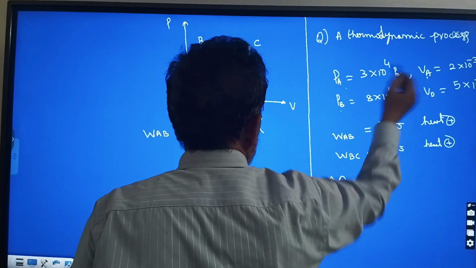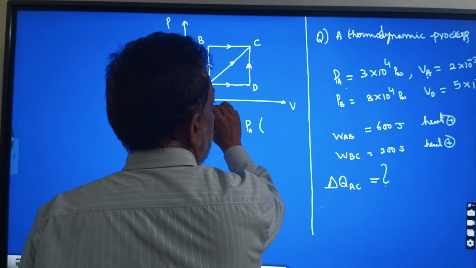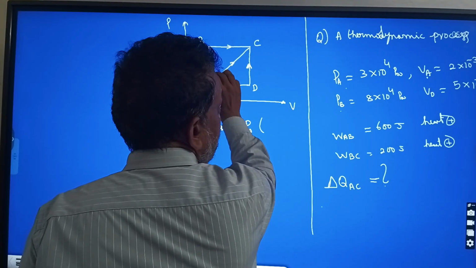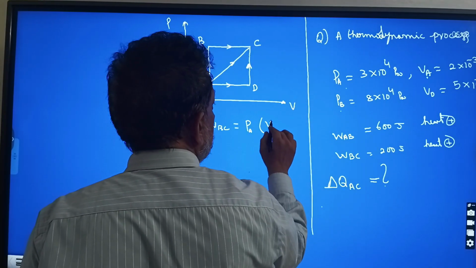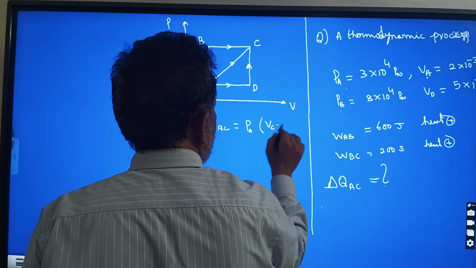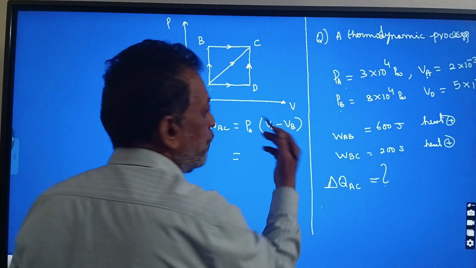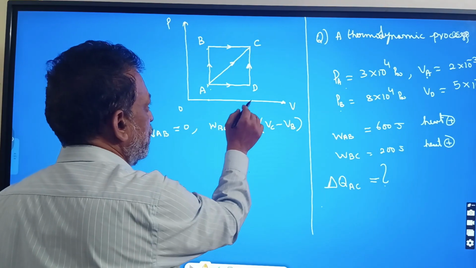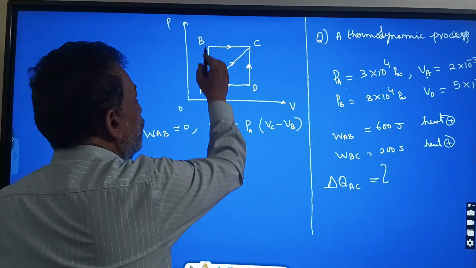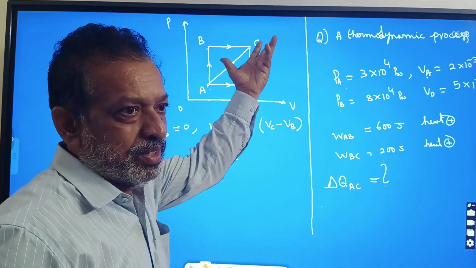But now what about BC? VA is given, VB is the same. The difference is VC minus VB. VA is equal to VB volume wise, VB is equal to VC volume wise.